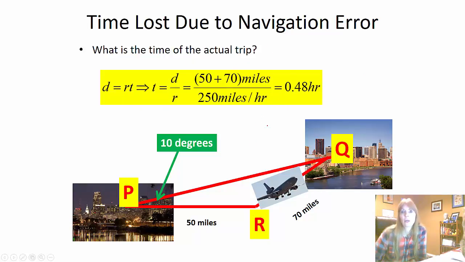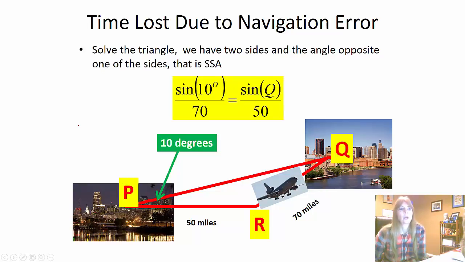Now what I need to do is figure out, well, what was the time if he didn't take this 10 degree turn? So I can solve the triangle. We have two sides and an angle opposite one of the sides. So even though this is kind of laid down, the 10 degrees is opposite.